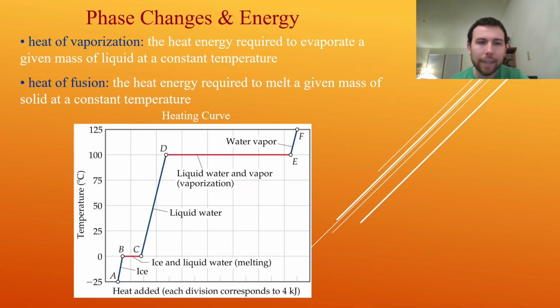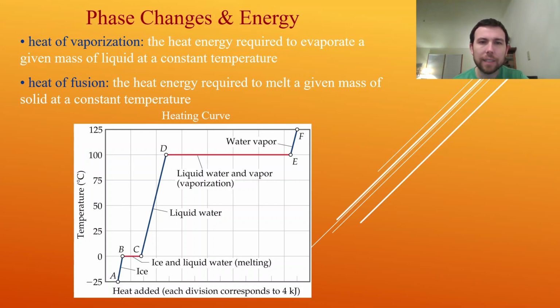Okay, at segments BC and DE, this is where we're going to have a change in the potential energy. And at both of those segments, what's taking place is that the intermolecular forces of attraction between our molecules are being weakened or broken altogether. That's what's taking place at BC and DE specifically.